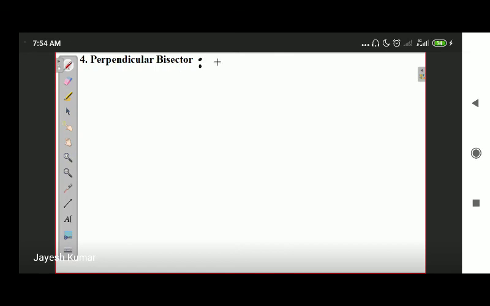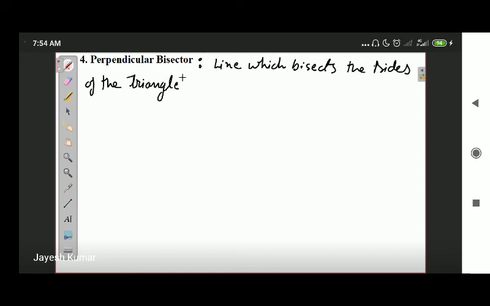A perpendicular bisector is a line which bisects the sides of the triangle and is perpendicular to it.